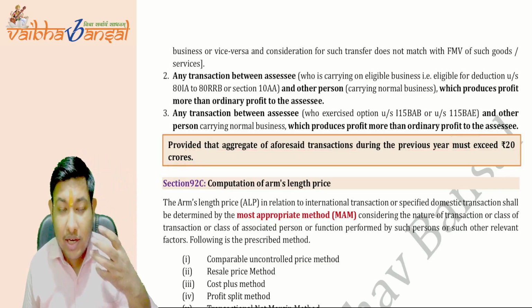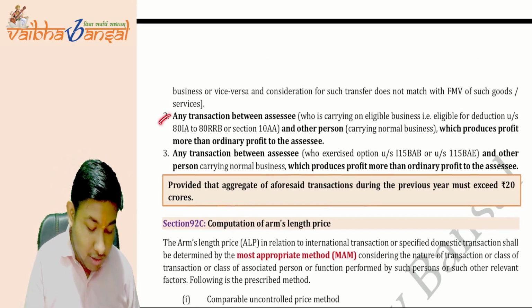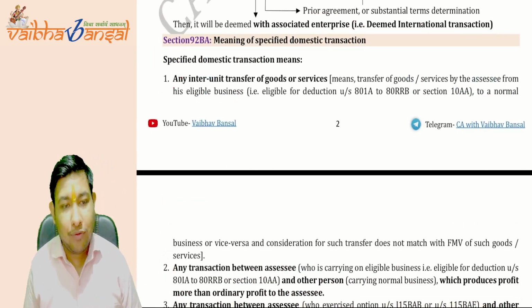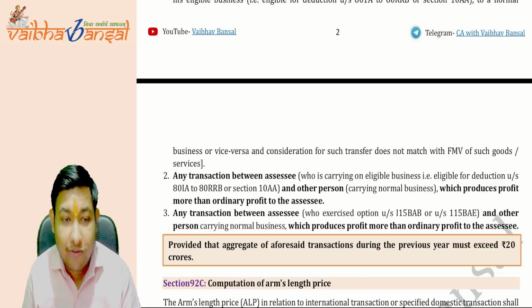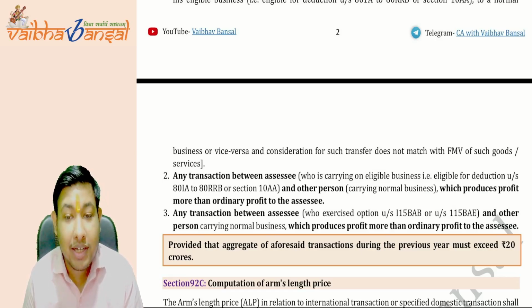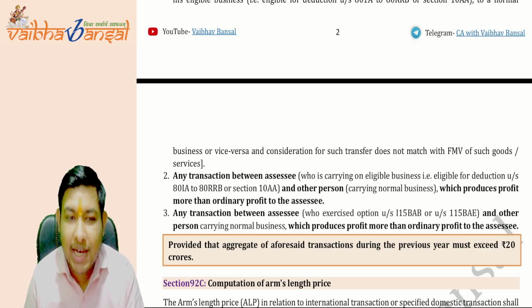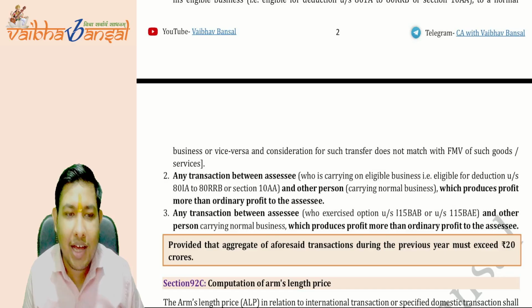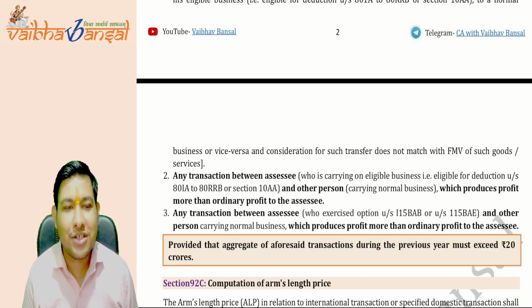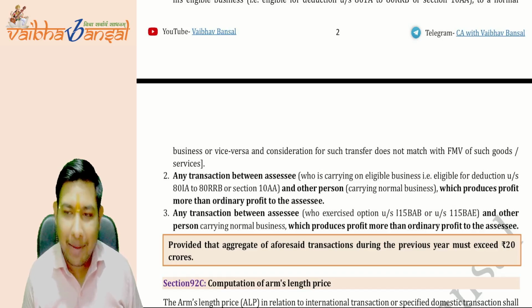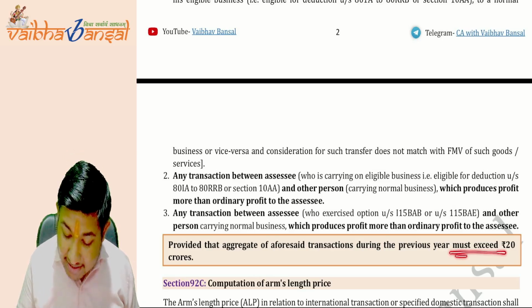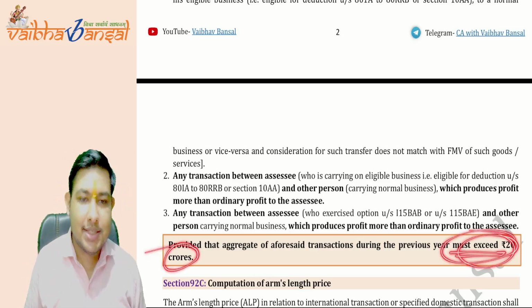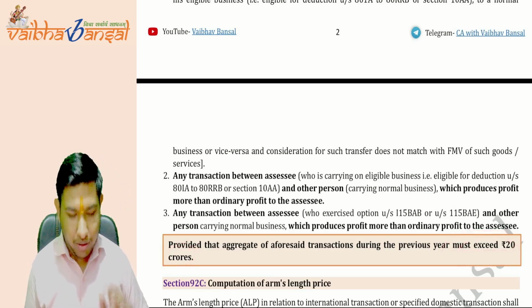All these three transactions must be clubbed, and if after clubbing, the transaction value during the previous year is not more than 20 cr, then the provisions of transfer pricing, the provisions of SDT, will not become applicable. It will only be applicable when the transaction value exceeds 20 cr. I hope it is very much clear to you all.